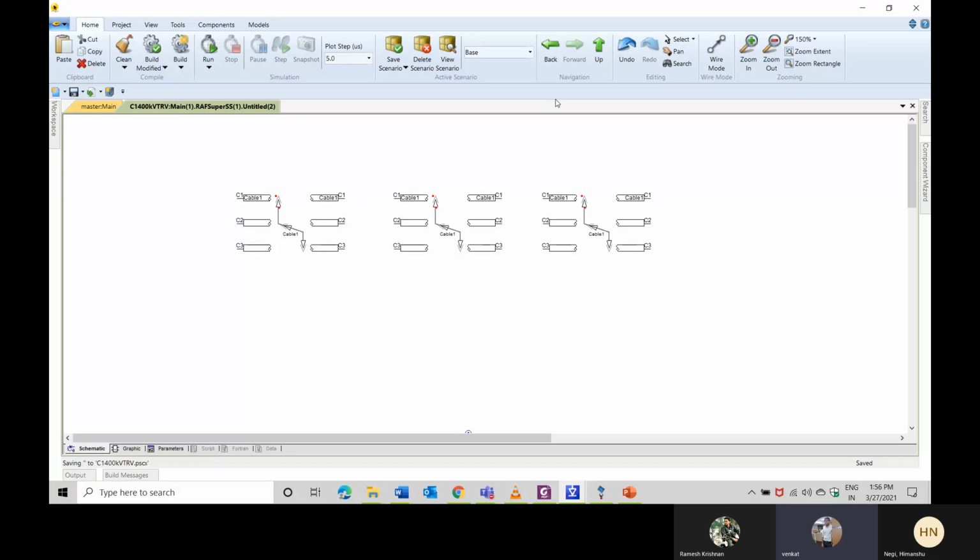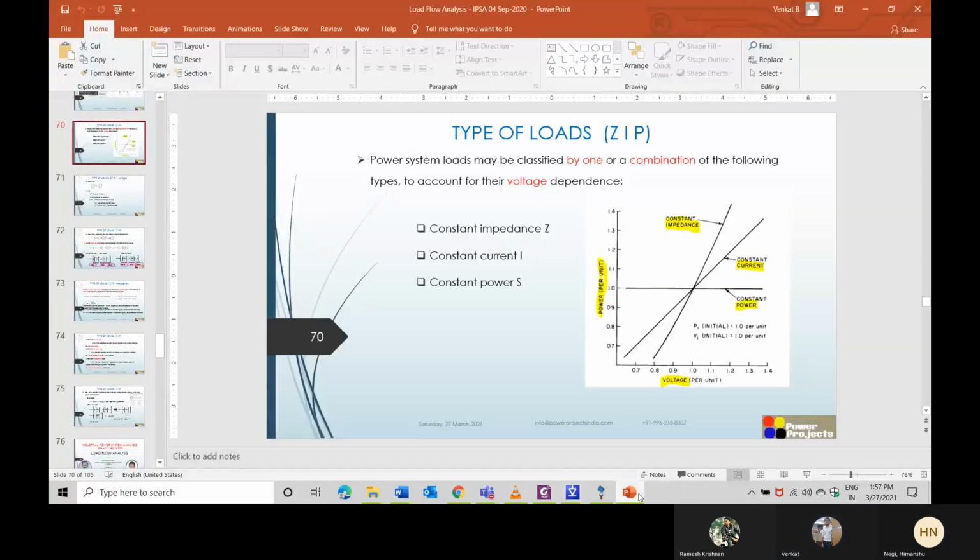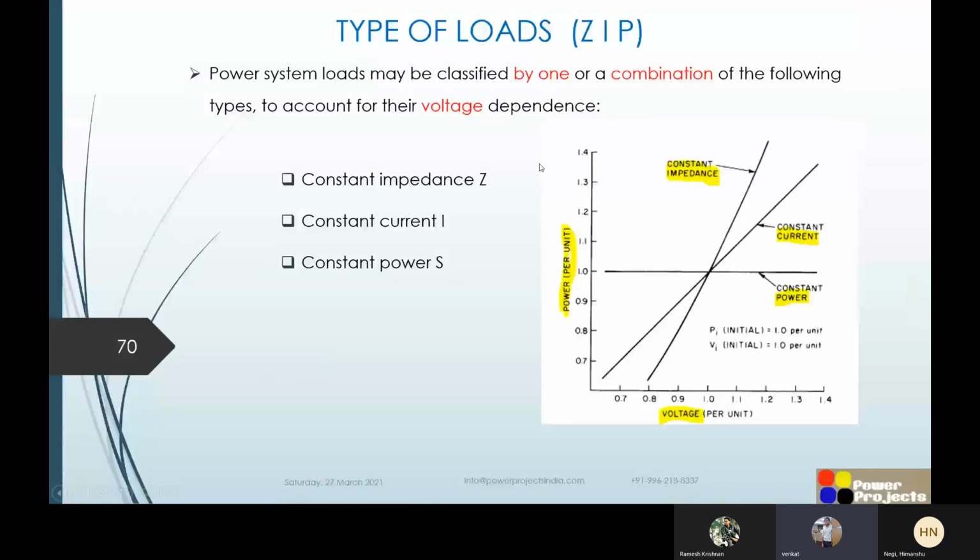And then the part which I planned for today is load modeling. These are all the basic types of loads which are available in a power system.